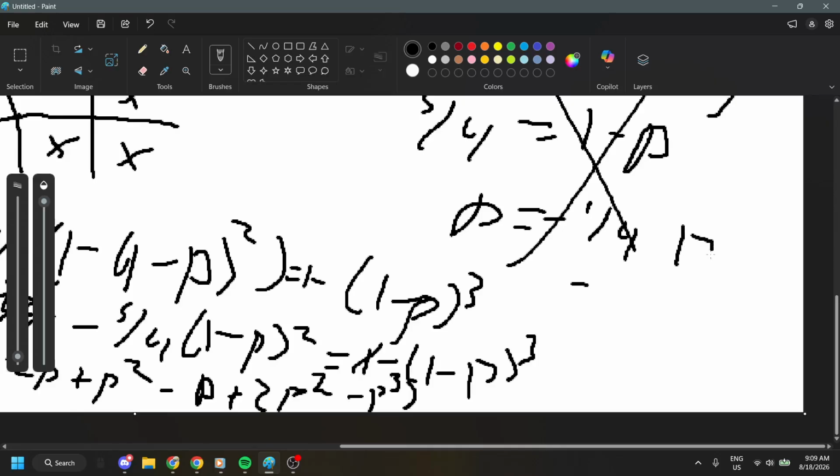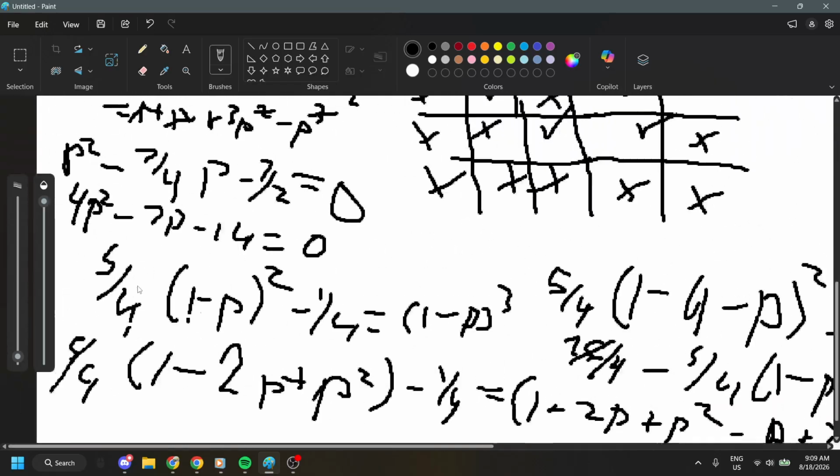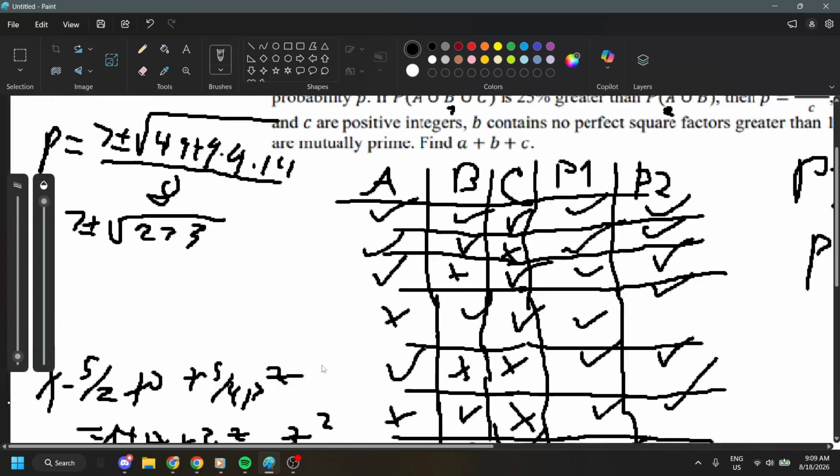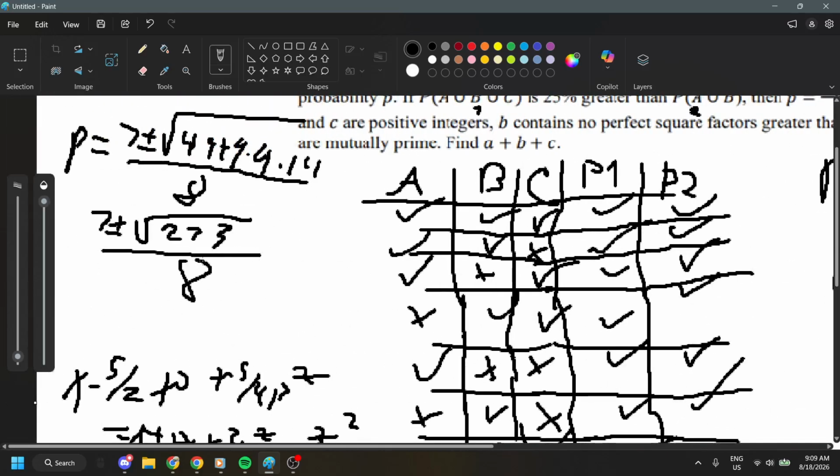What is 17 squared? It's not 273. Okay. Plus or minus the square root of 273. Oh yeah, we don't want this to simplify. Over 8.